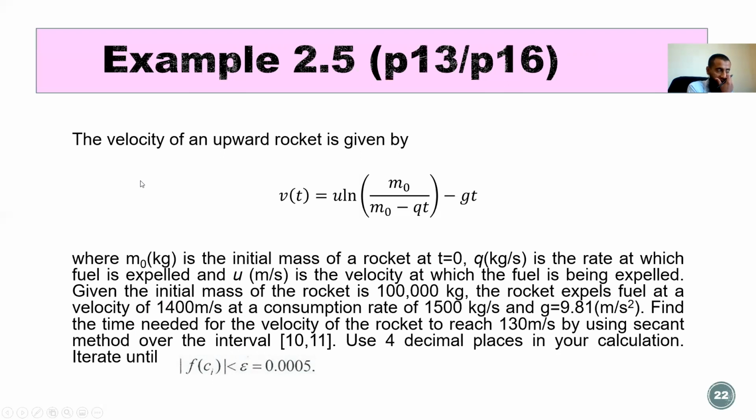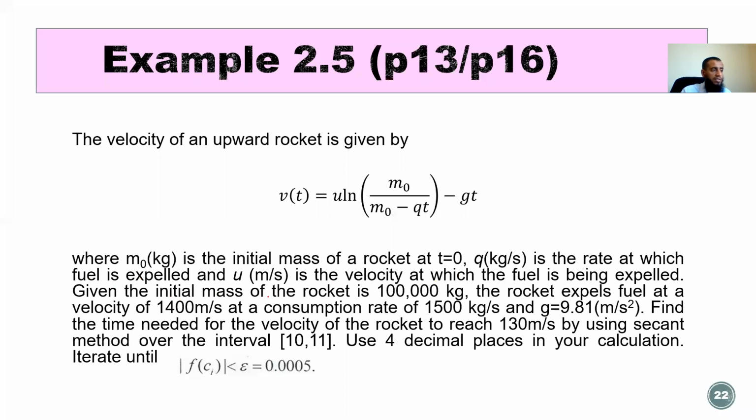Slowly we read the example. The velocity of an upward rocket is given by this equation. Please remember that y is the v, where m is the mass in kg. The weight is constant. At t0, Q is the rate at which fuel is expelled, and U is the velocity at which the fuel is being expelled.